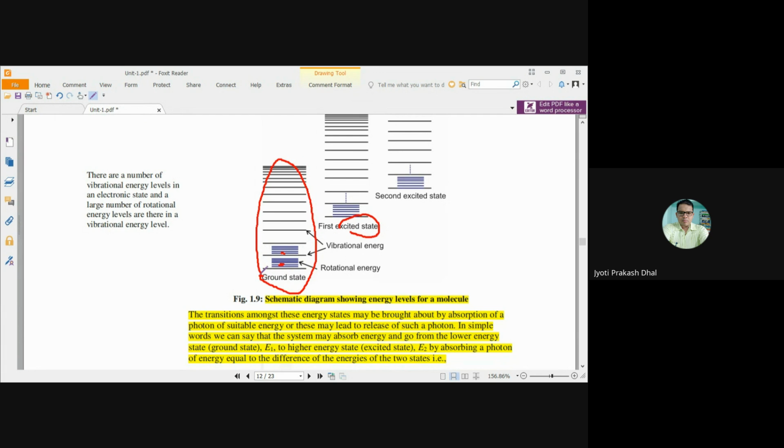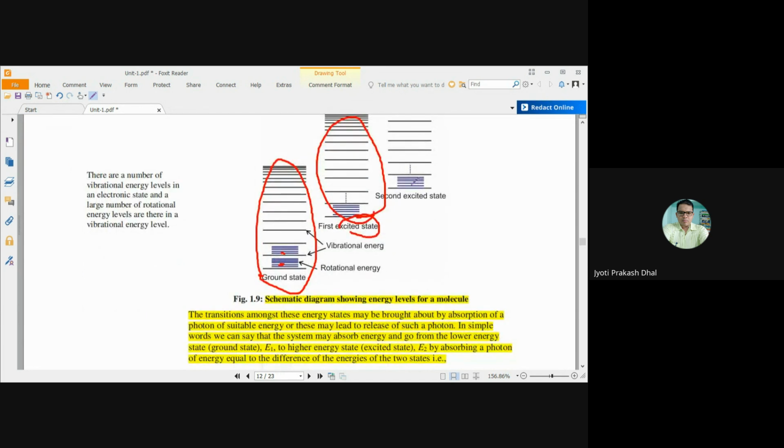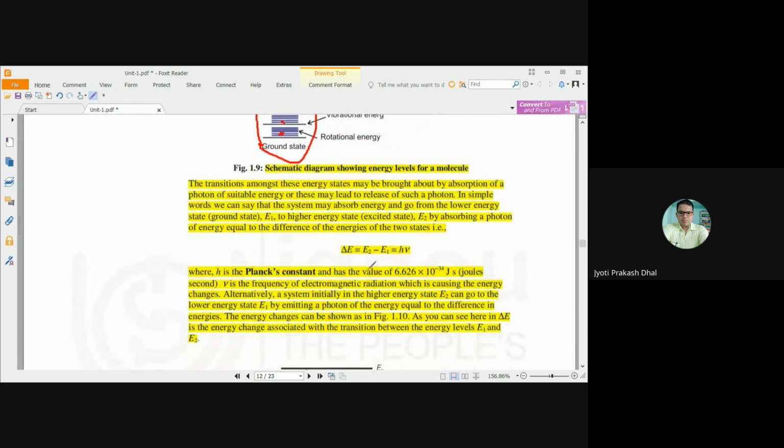Within the ground state electronic energy level, the molecule can undergo rotation and vibration, so there will be vibrational energy levels and also rotational energy levels. This is the first excited state electronic energy level. Within that first excited state electronic energy level, there will be rotational energy levels and vibrational energy levels. Similarly for the second excited state also.